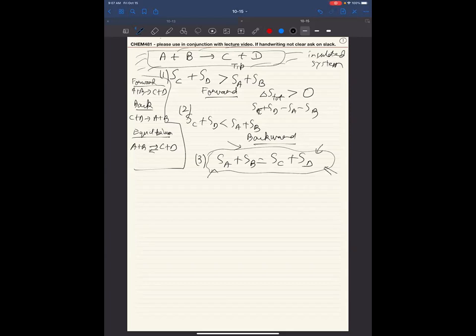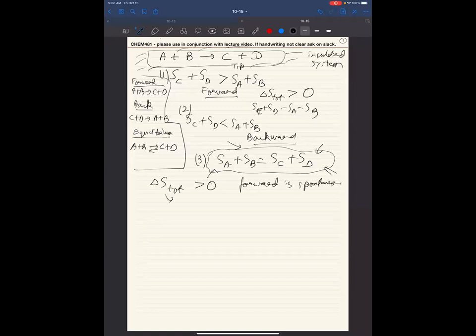It is a bit more complicated than just entropies, because this reaction was happening in a completely insulated system. That's not going to happen most of the time. We will have to consider the surroundings also. So this is the key idea. Just to recap it, if delta S total is more than 0, then the forward direction is spontaneous.